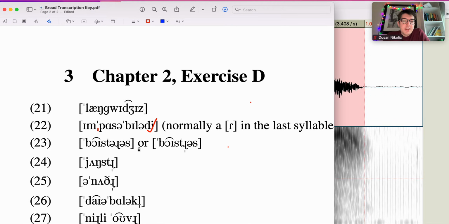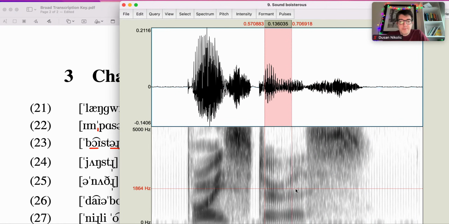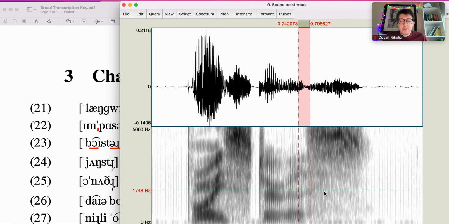Yeah, this is okay. This is how you should transcribe it, with the oi diphthong. Stir, it's okay. If you have a syllabic r, that's okay too, because it goes by very fast. Or there is a schwa here, and here you maybe don't need a schwa. Boisterous.